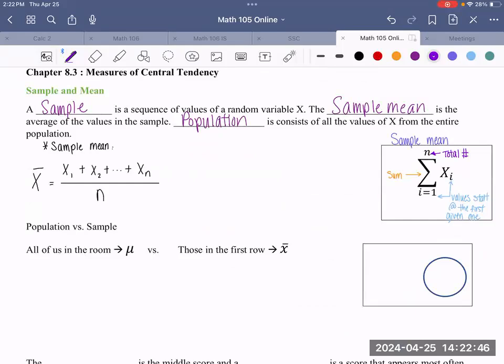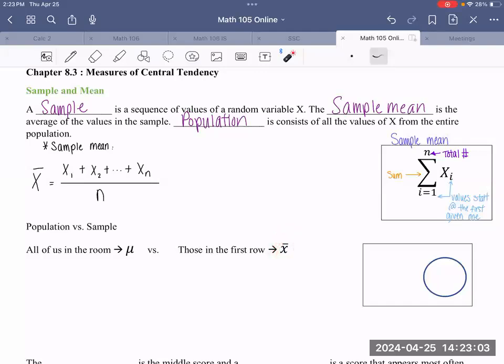Now, a population versus a sample. When we're talking about all of us in the room, that could be considered our population, all of us in our classroom, versus those who might be sitting in the first row.